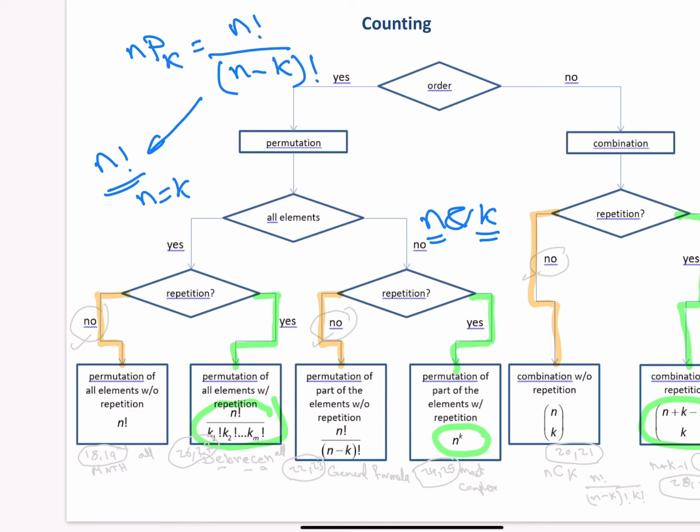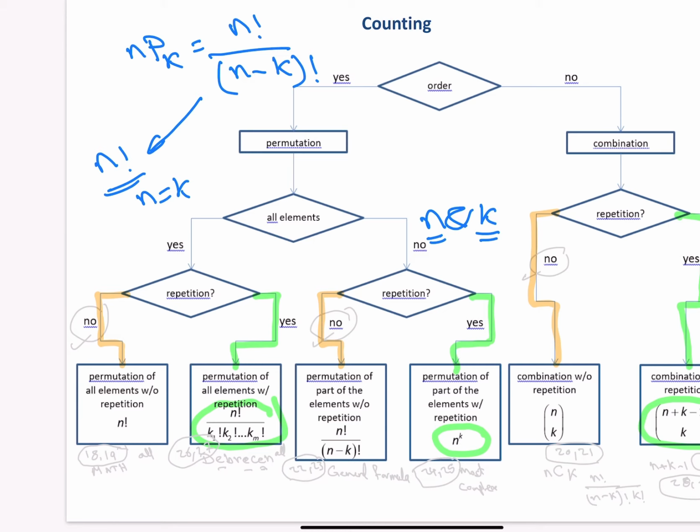They are called permutation of all elements. I'm not picking 3 or 4, I'm using all of them. n equals k, without repetition. There are no letters repeated here. You remember the example of Debrecen, when we said that Debrecen has 3 E letters within the word itself, so it doesn't matter which E comes first, so I have to remove these repeated E letters.